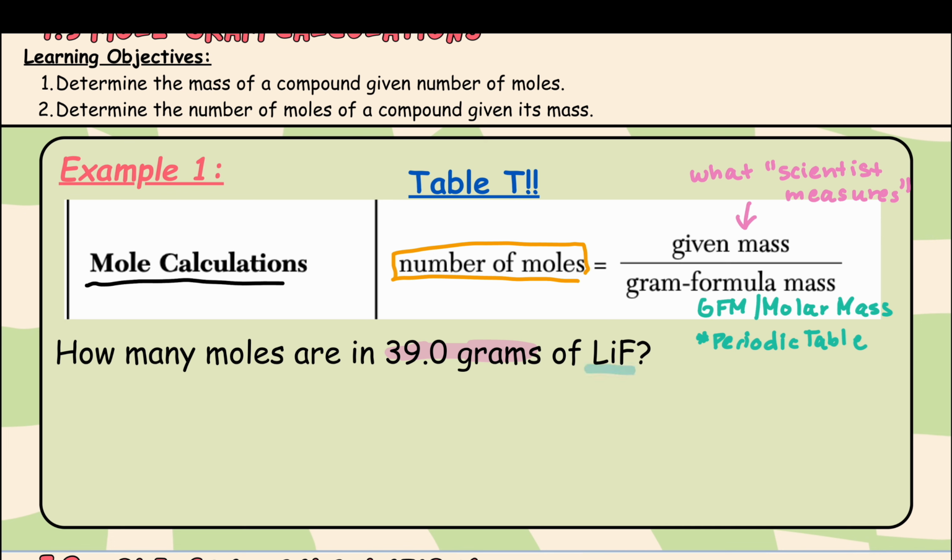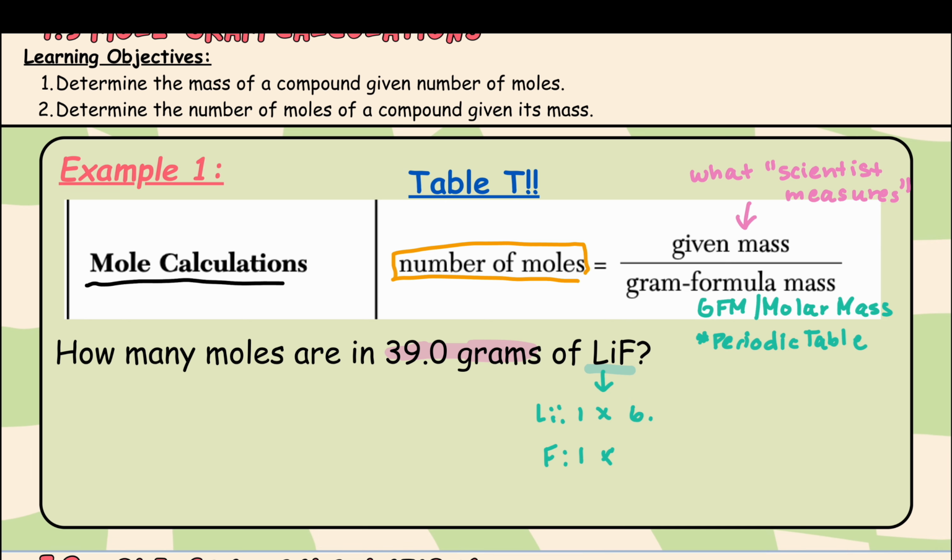Okay, so the first step would be to find what the gram formula mass of lithium fluoride is. So you're going to take out your periodic table. We have lithium and we have fluorine. Okay, so there's just one of each of these atoms. It's a 1-to-1 ratio. So we're just going to have to add the two atomic masses together. So lithium has an atomic mass of 6.9.